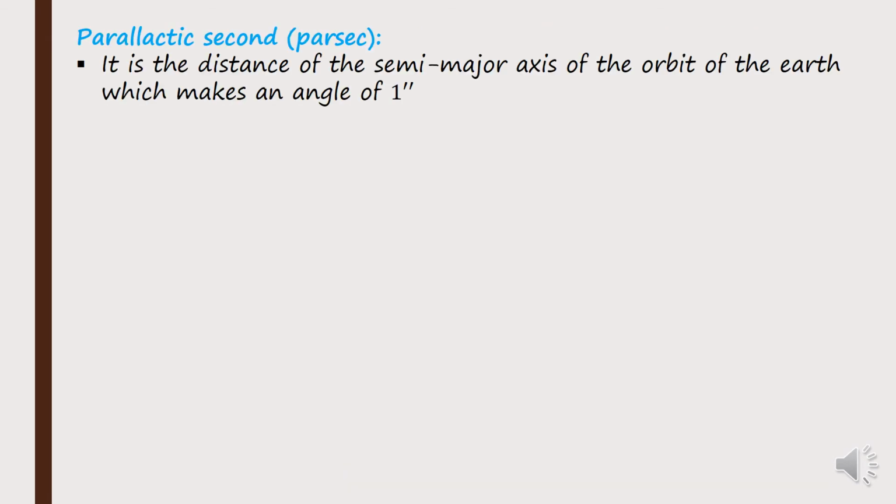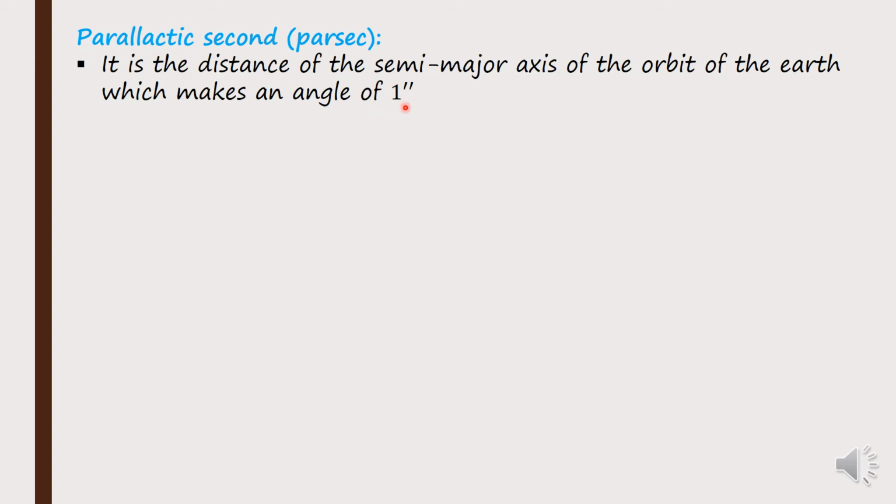Now, we have another thing. The other one is parallactic second, also known as parsec. So what does it mean? It is the distance of the semi-major axis of the orbit of the Earth, which makes an angle of 1 second. This one with the double quotes here actually means 1 second.